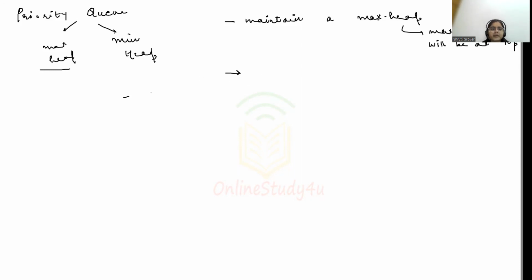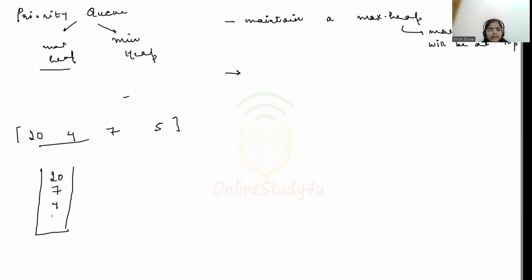Suppose I have elements 20, 4, 7, 5. If I have inserted all these elements into my priority queue, the element at the top will be 20, then 7, then 4, and then 5. Suppose I take out the top element of the priority queue, which is 20.